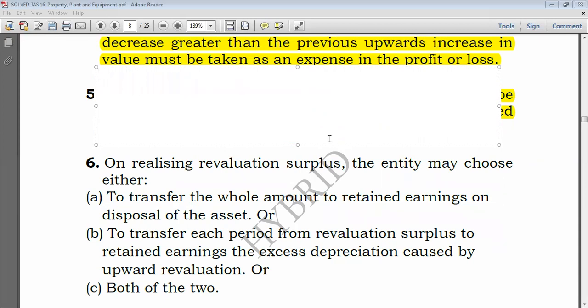Out of all components of equity, it's only retained earnings that is realized. Everything else, such as reserves, share premium and share capital, is not realized. So what do I mean by realizing revaluation surplus?